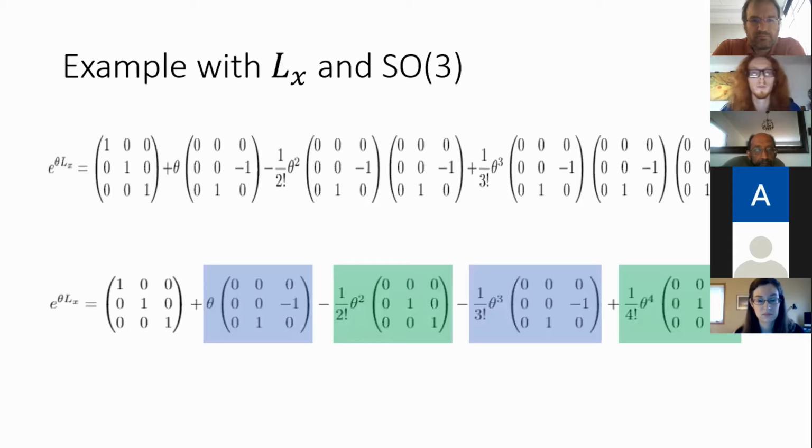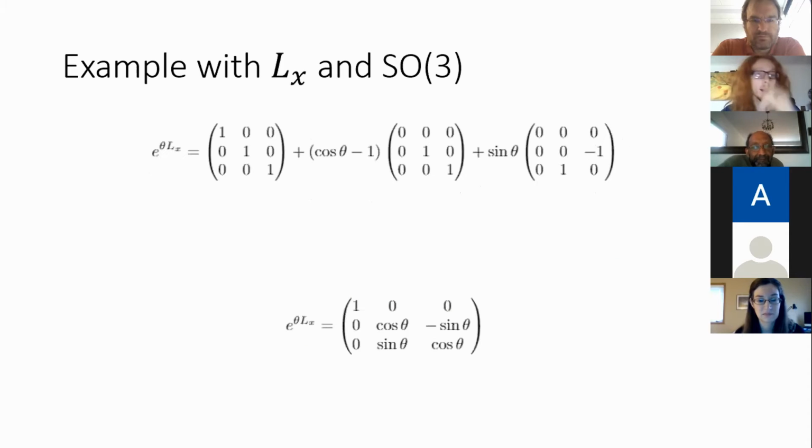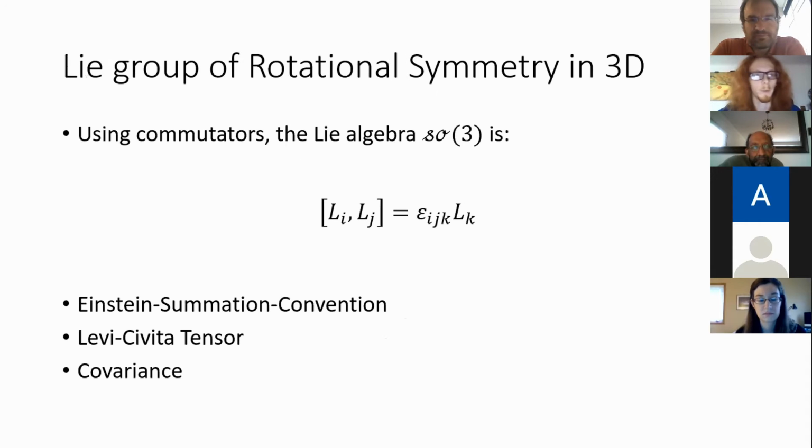And those keen on this, or maybe who like to do Taylor expansions in their free time, will note that the blue looks an awful lot like the sine theta expansion, and the green looks very close to the cosine theta expansion. It turns out that we can rewrite the previous slide in this way. And when we actually add those matrices together, we see we get the matrix at the bottom, which is the rotation about the x-axis. So that's a very provocative result.